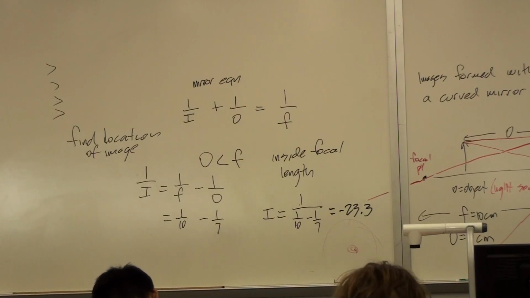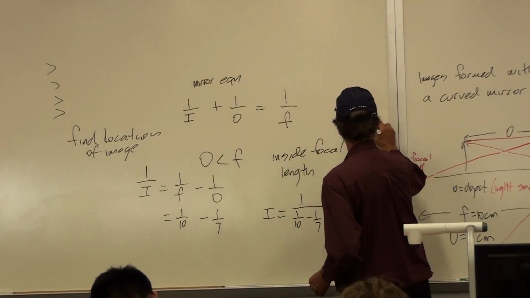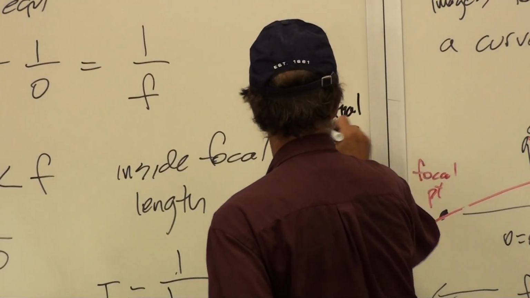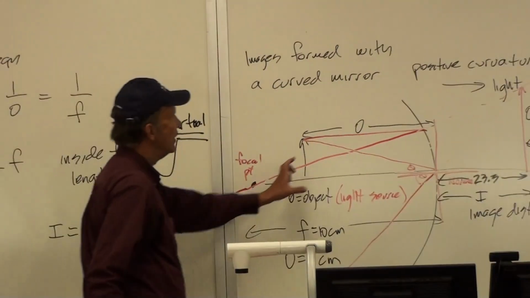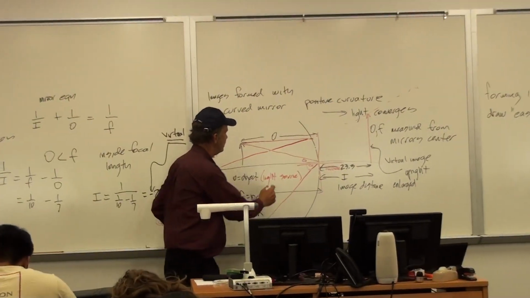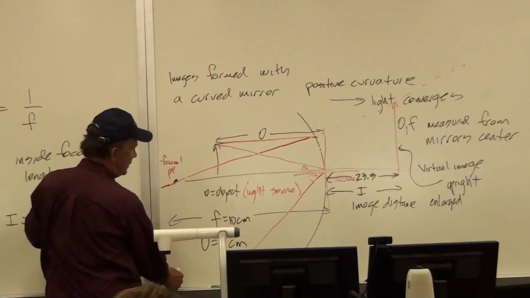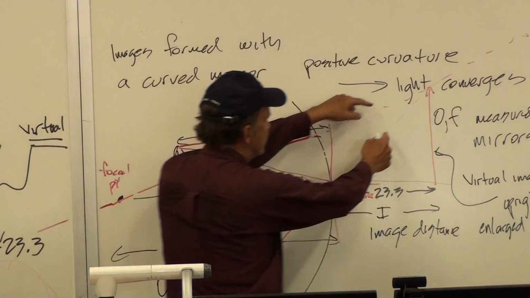And so that's the location of the image. The fact that it's negative tells us that it's virtual. This also tells you it's virtual because the light isn't actually coming to a specific point. This is just the extrapolation of these reflected beams that this eye is moving along.